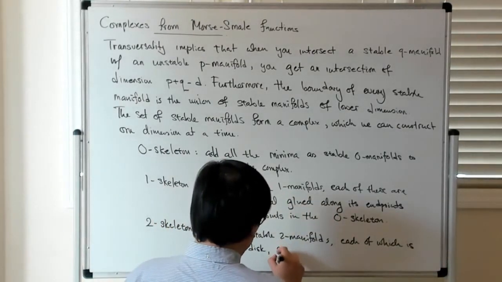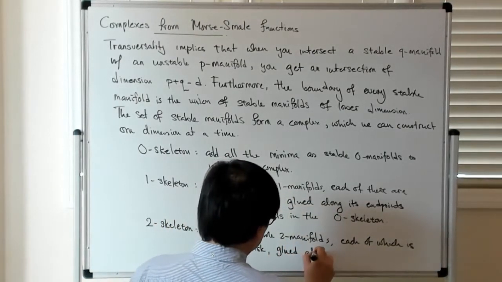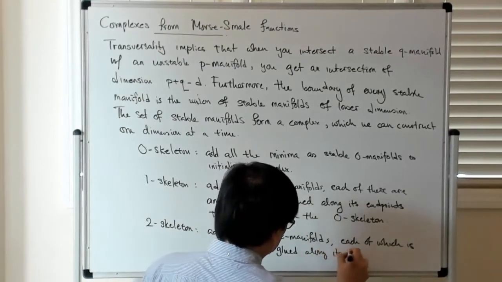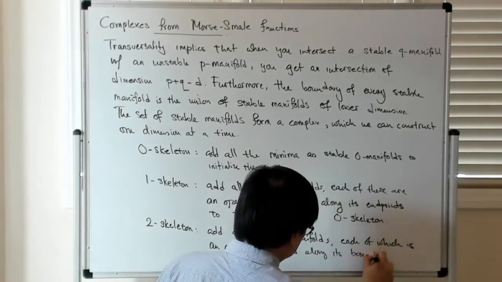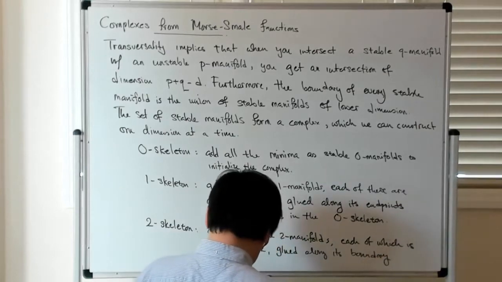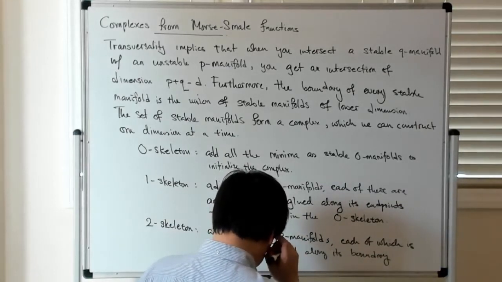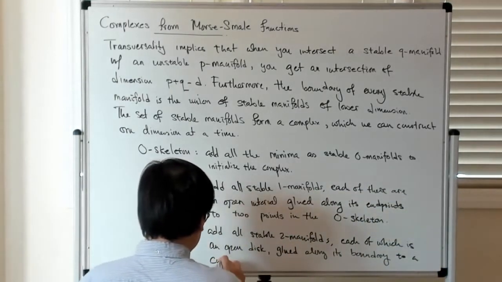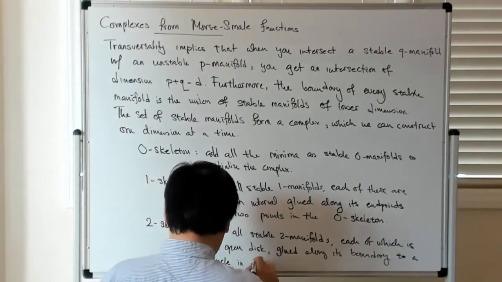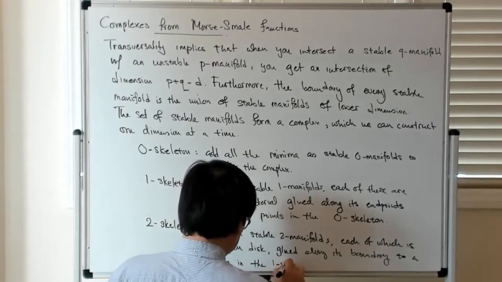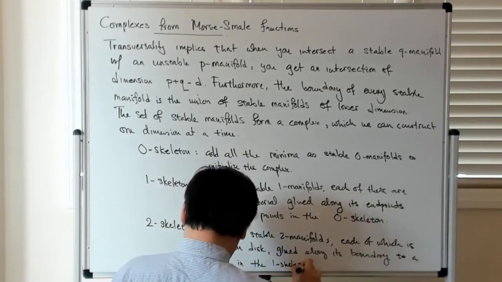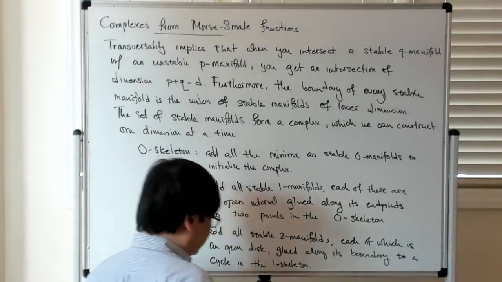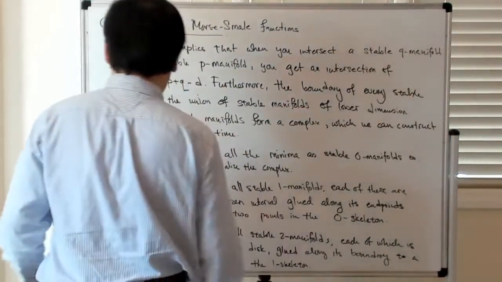It's glued along its boundary to a cycle in the one skeleton. And then you keep doing this.